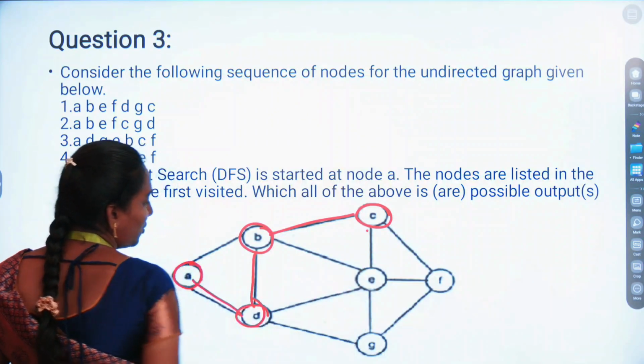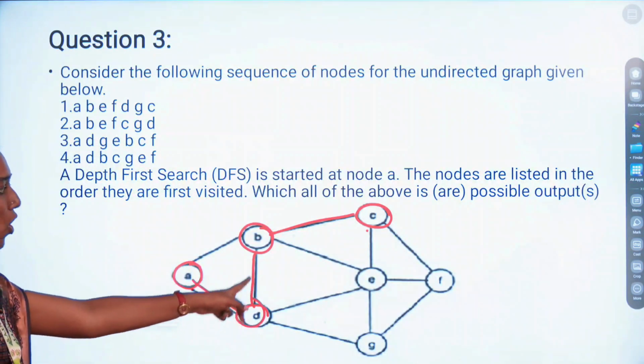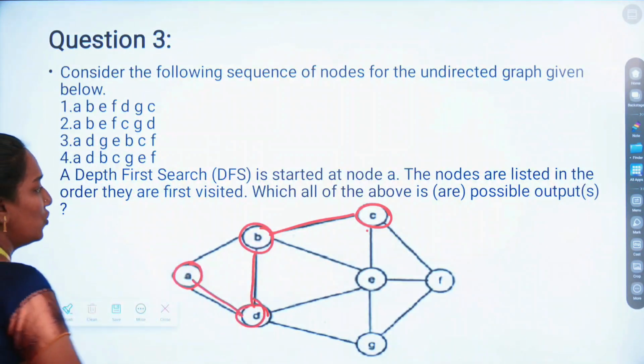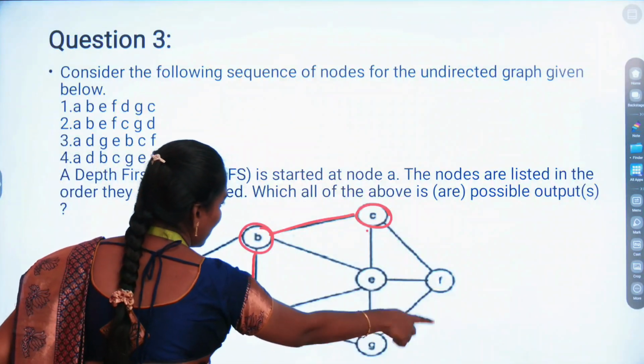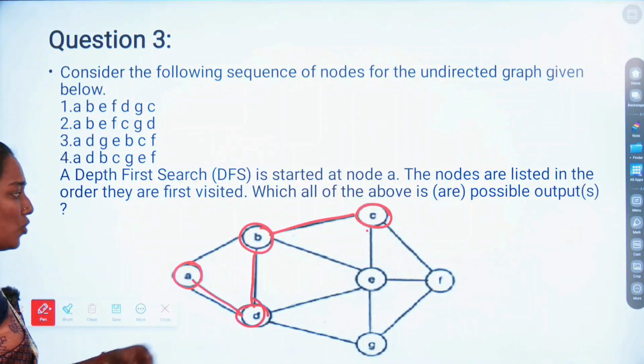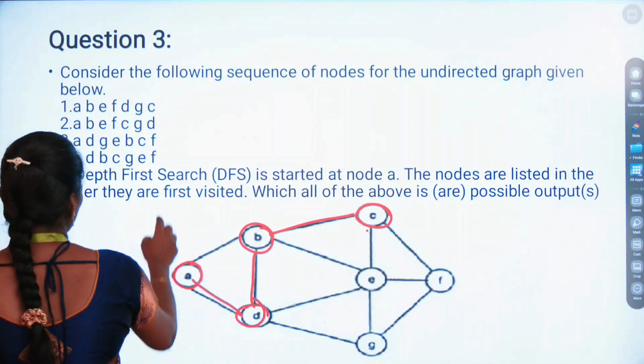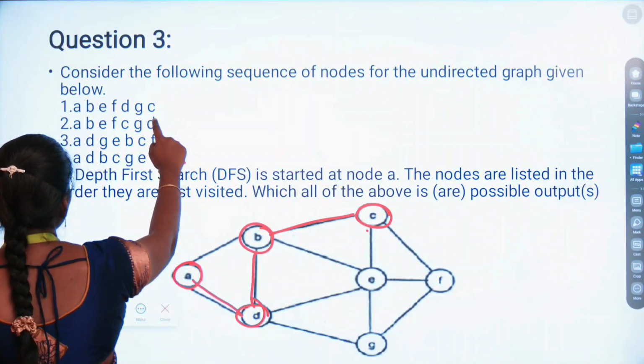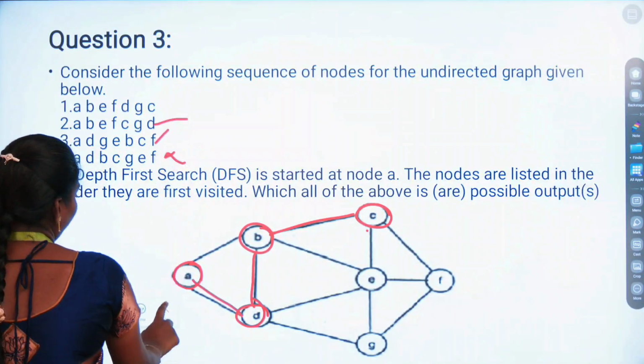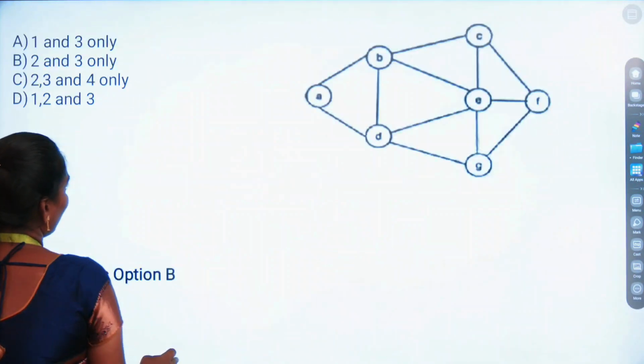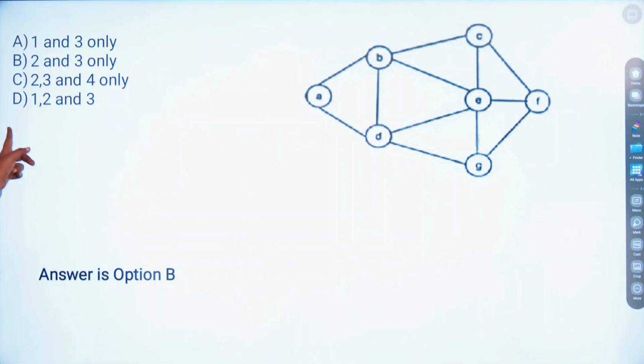It should either reach the adjacent node E or the adjacent node F. Since these two nodes have not yet been reached, it should not come directly to G. So this option is also wrong. So the answer is options 2 and 3 only.